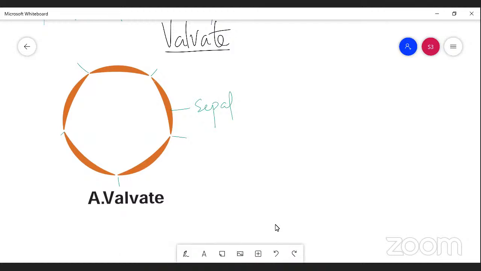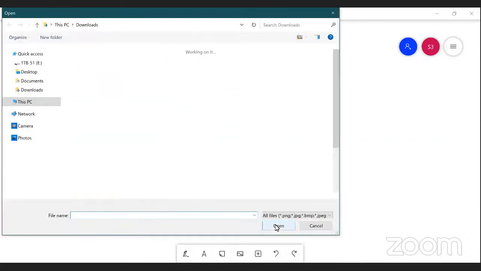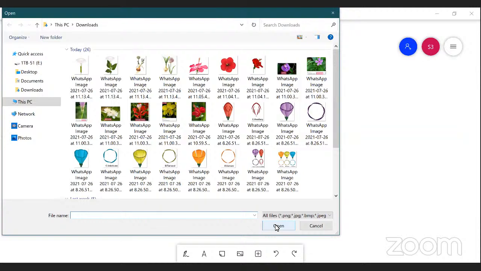If you take a flower like Hibiscus rosa-sinensis, you can see the arrangement of sepals in the bud condition of the flower.